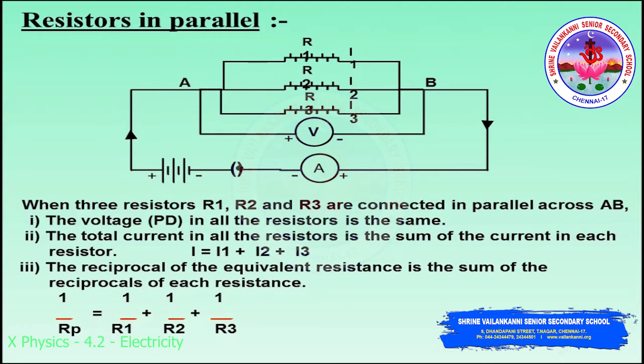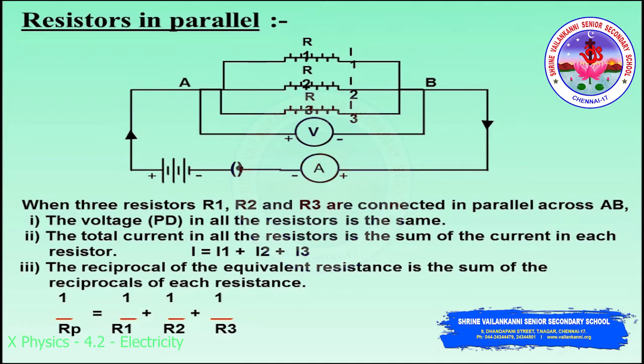The current enters the first end and leaves at the second end. But in parallel arrangements, there is more than one path for the current to flow between the points A and B. The current takes three possible paths, say I1, I2, I3, across R1, R2, R3 respectively.